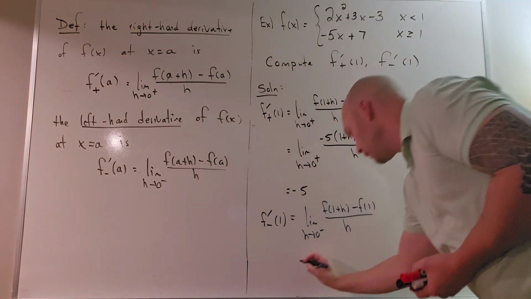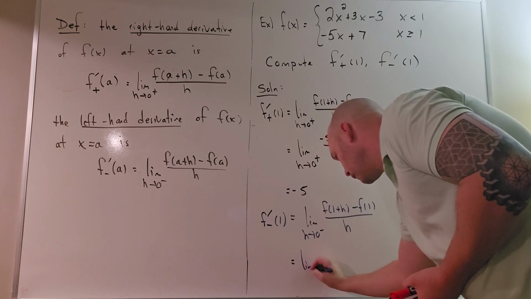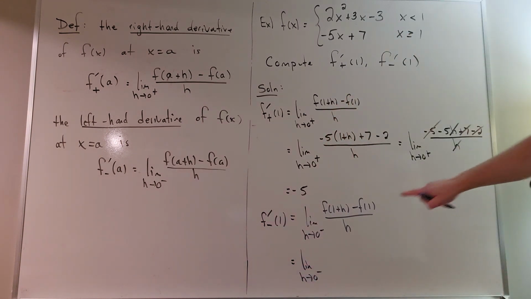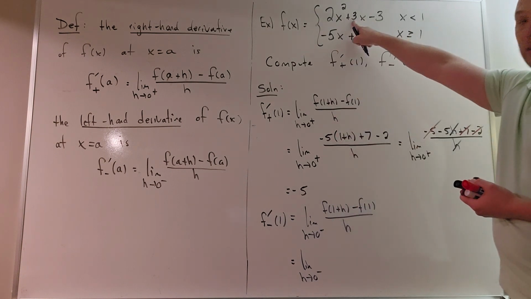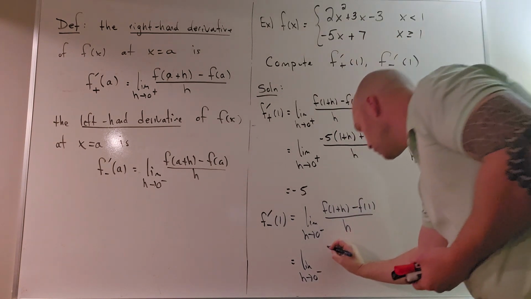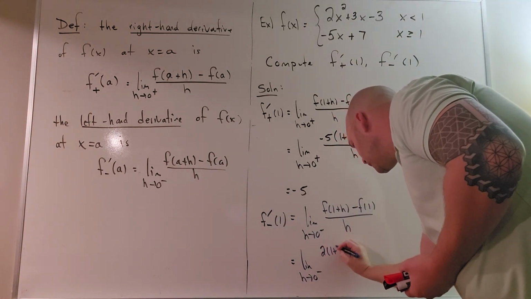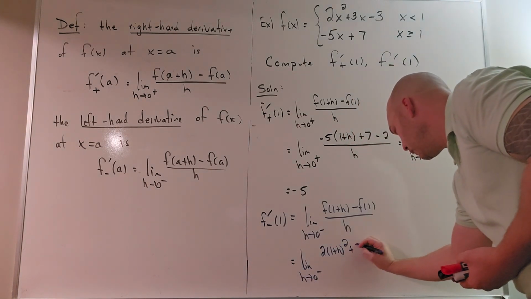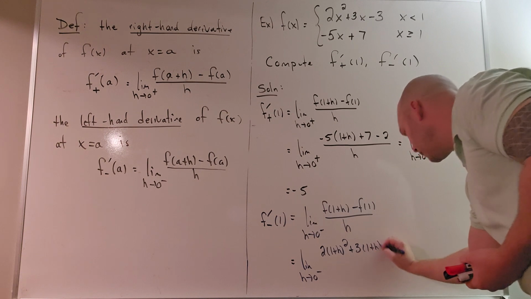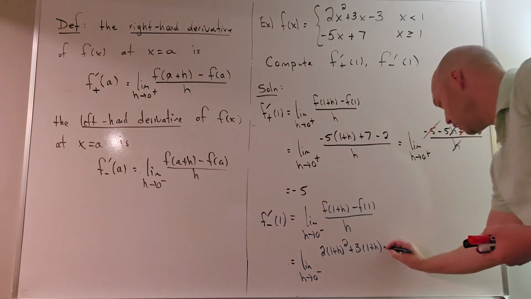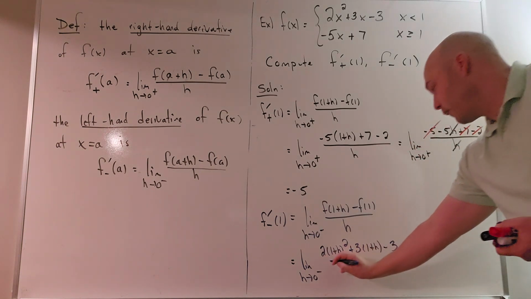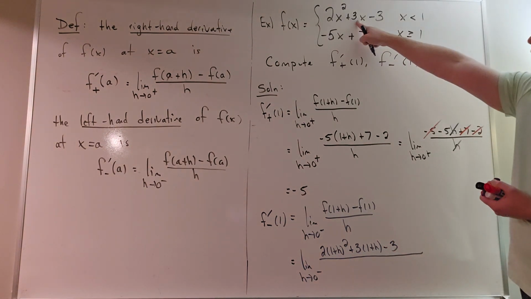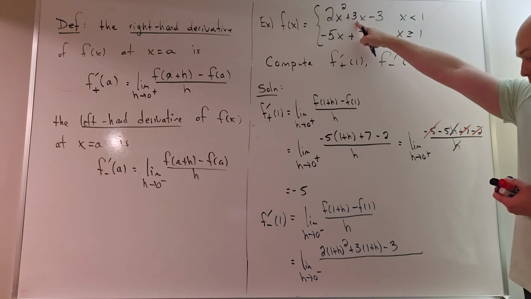All right, this would give you the following difference quotient. h goes to 0 from the left of, I'm going to take 1 plus h and plug it into this quadratic. I would get 2 times 1 plus h squared plus 3 times 1 plus h minus 3. That right there so far is the quadratic function up here with 1 plus h plugged in.